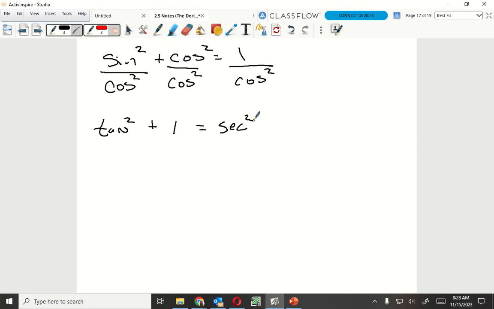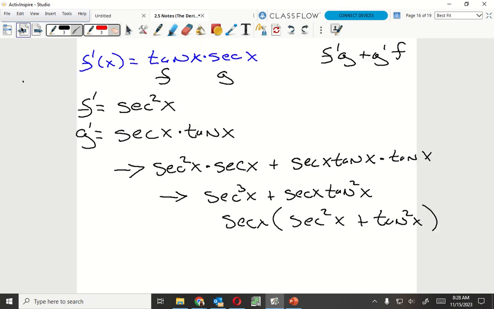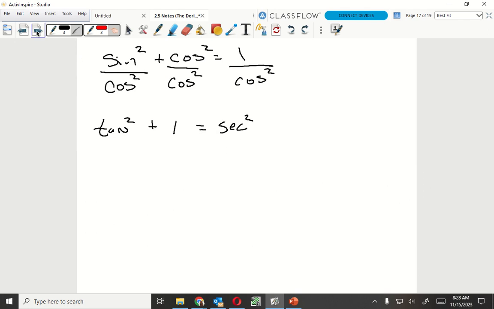All right, so if I were to try to use this, what would have to happen over here? I have a secant squared plus a tangent squared. I would need a 1, but if you notice, are both of these positive here? Okay, so both of those are positive right there.